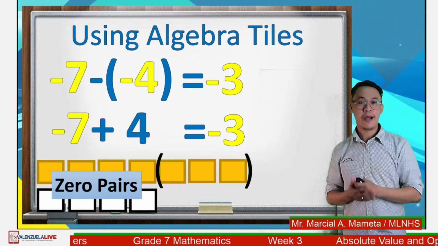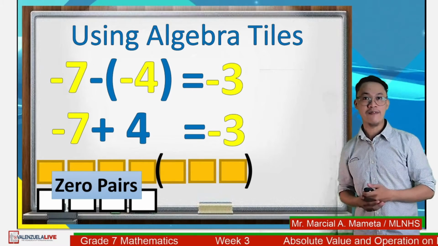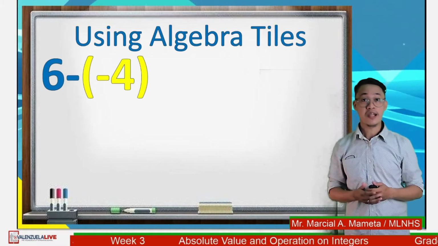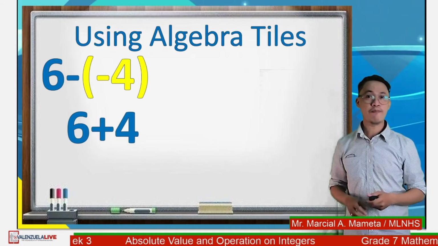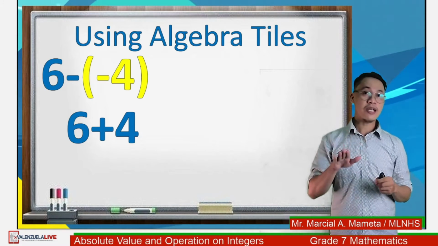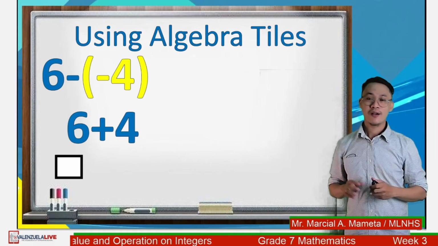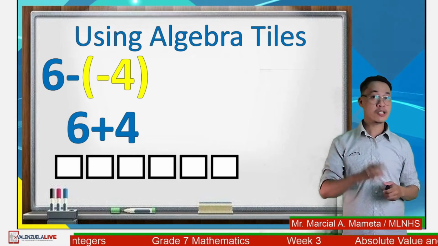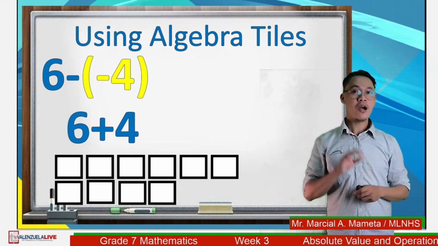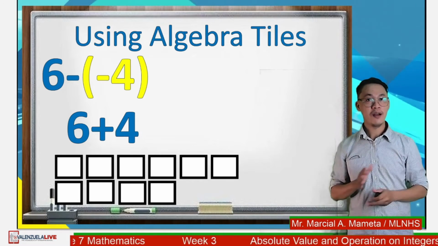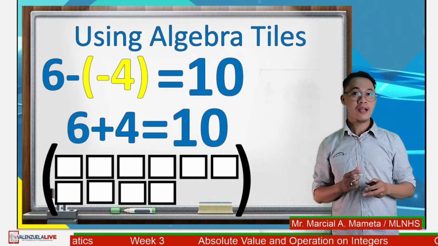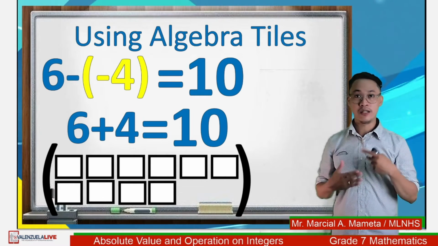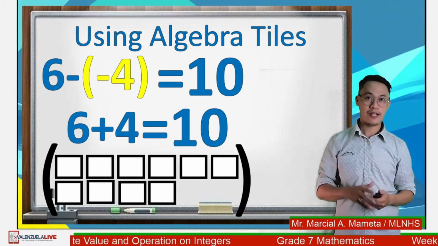Negative 7 minus negative 4 is negative 3. How about this one? 6 minus negative 4. 6 minus negative 4 is also equal to 6 plus 4. Now, we have 6 white tiles plus 4 white tiles, a total of 10 white tiles. So therefore, we conclude that 6 minus negative 4 is equal to 10.